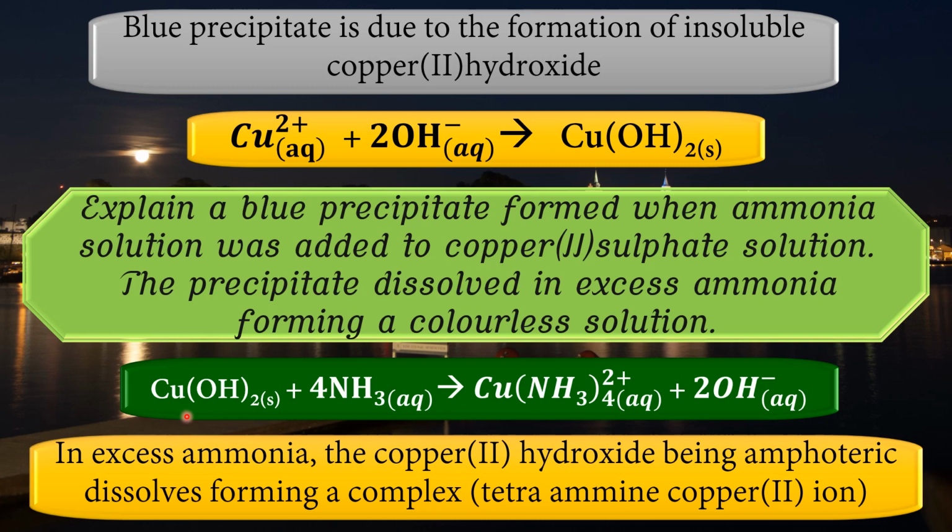Our copper hydroxide is a blue precipitate, which is solid. But being amphoteric in nature, it will dissolve in excess ammonia due to the formation of a complex which we call the tetraammine copper(II) ion, which forms a colorless solution.